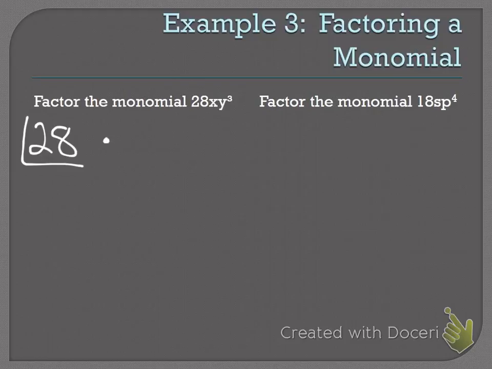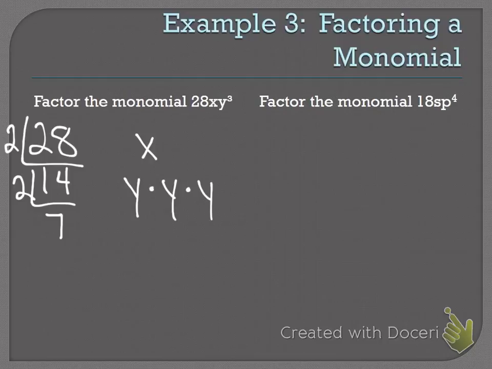And then I've got times x, well, that's by itself, times y to the third, so I need to break down y to the third. So I'm just breaking down each part of the monomial into its individual pieces. So 28, I do upside down division, and then I've got x times y times y times y, and now I just write it all together.